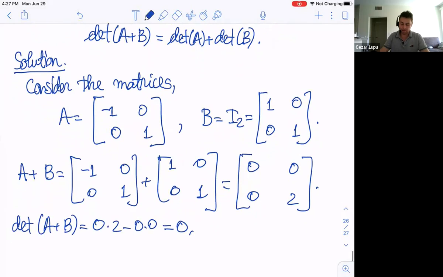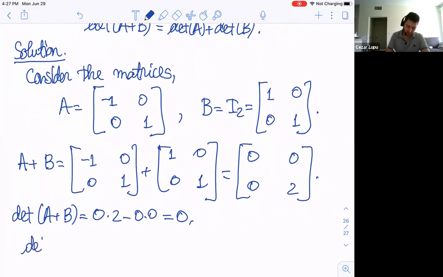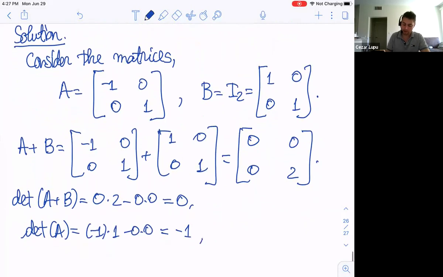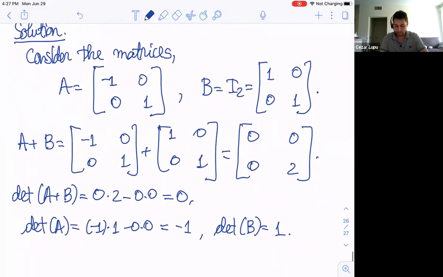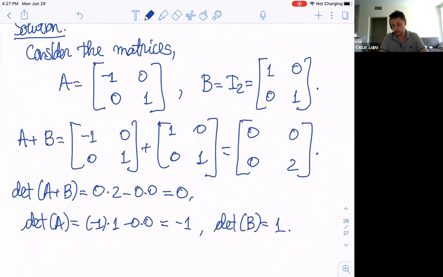But now let's compute the determinant of each one of them. So the determinant of A is what? It's -1 times 1 minus 0 times 0, so this will be -1. And the determinant of B is 1. It's nothing else than just the determinant of the identity.